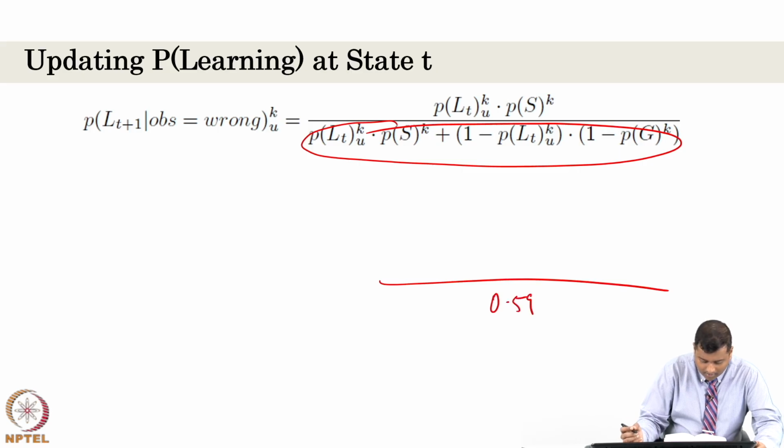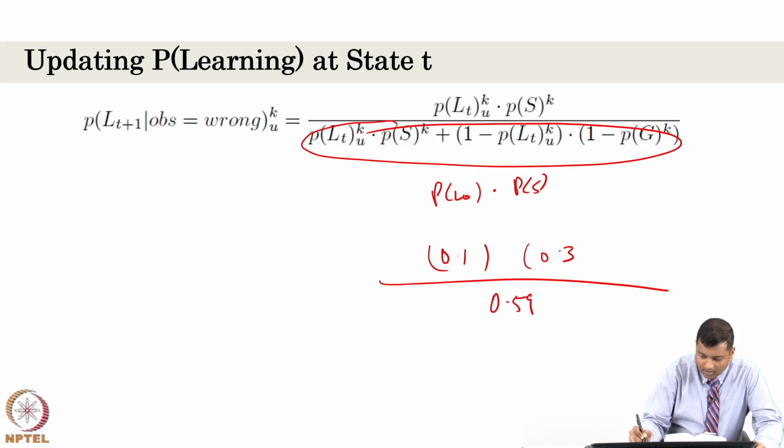Okay, now let us substitute these two values in. P of L0 times probability of slip. In this case it is 0.1 and 0.3, which gives us the answer of about 0.0508.